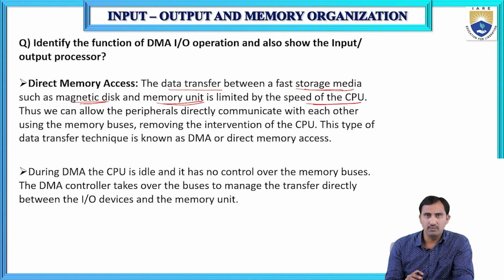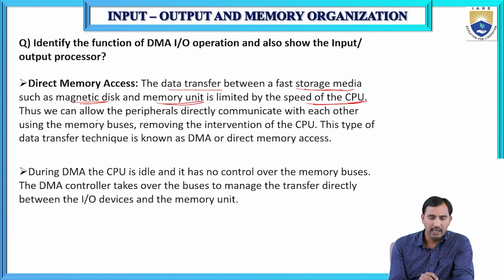So we are bypassing the CPU so that we can transfer a large amount of data from the IO device to the main memory without involvement of the CPU. This is an efficient and faster way to transfer the data from the IO device to the memory directly.